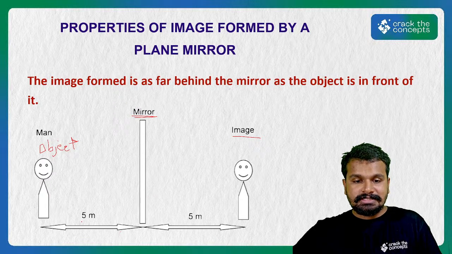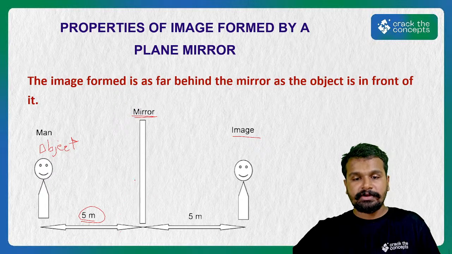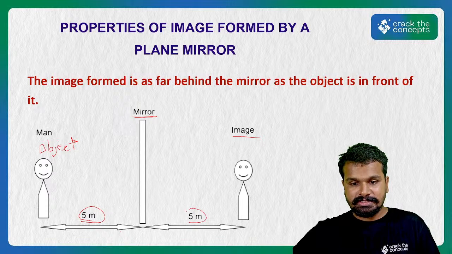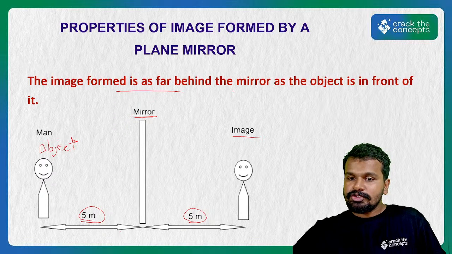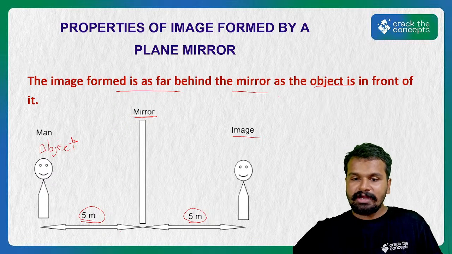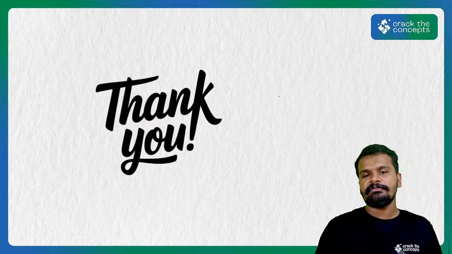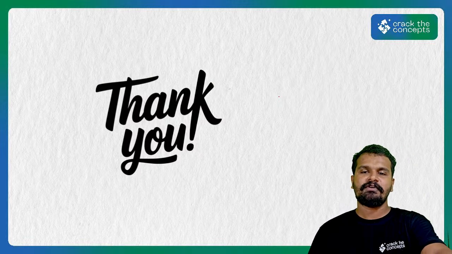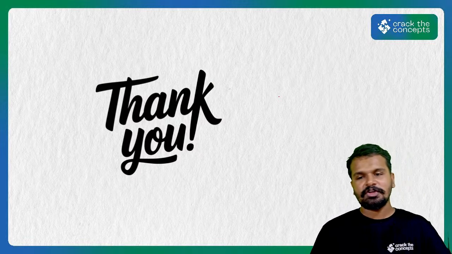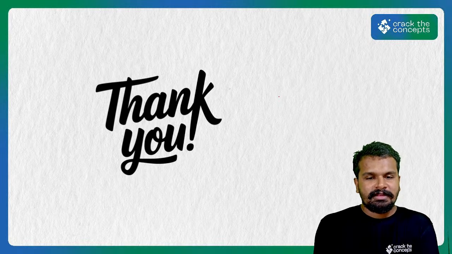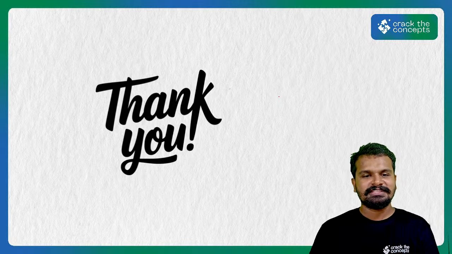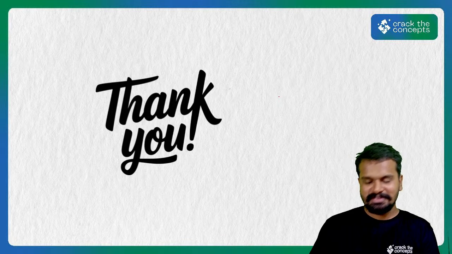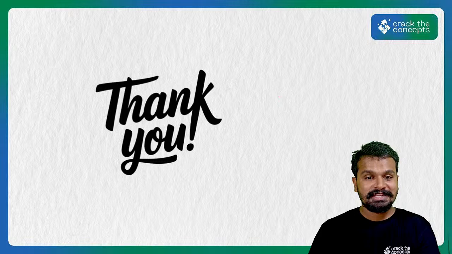At what distance the object is standing in front of the mirror, at the same distance the image will be formed behind the mirror or inside the mirror. Yes? So I hope you all have understood the properties of images formed by a plane mirror, and also we have learned some basic concepts. Am I right? Some basic concepts we have just refreshed.